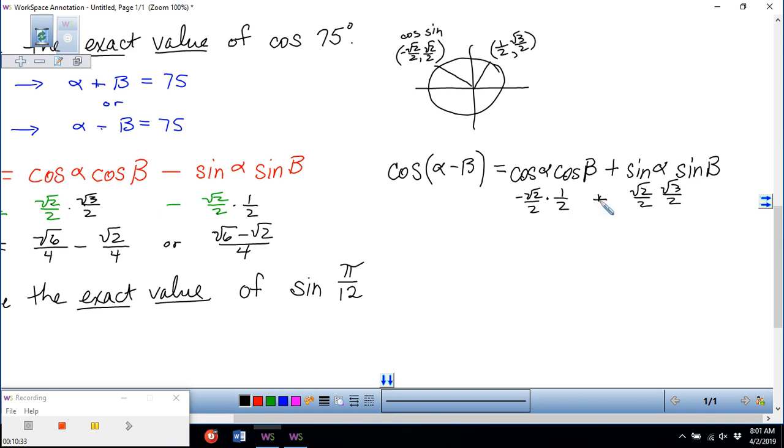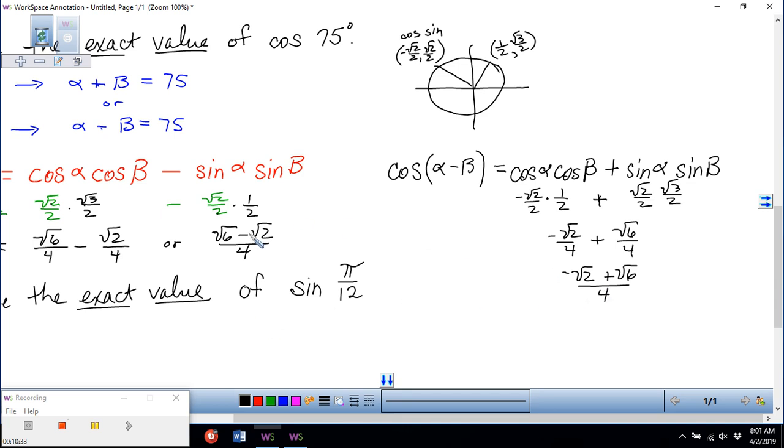When I simplify this, I get negative radical 2 over 4 plus radical 6 over 4. You will notice that this answer is the same as this answer over here. They're just switched. But notice that the negative is still on the radical 2, and the radical 6 is still positive, and they are both over 4 as before.